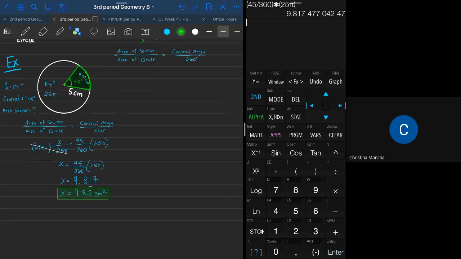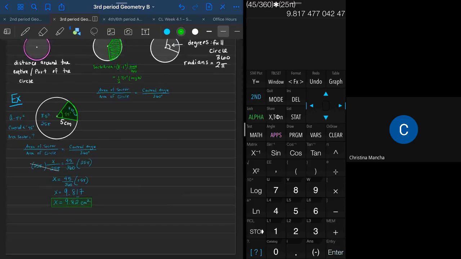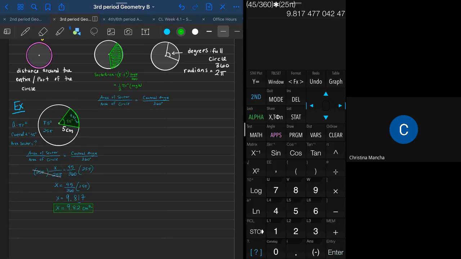Okay. So now if I wanted to find the arc, right, then I would do a similar process, but instead of the area formula, I am going to use the circumference.